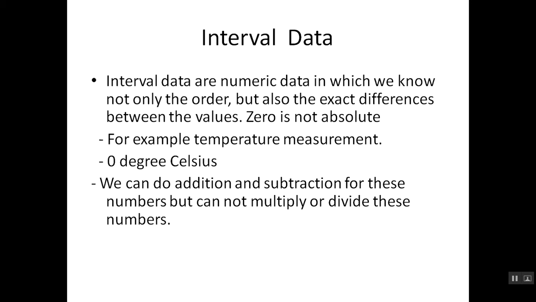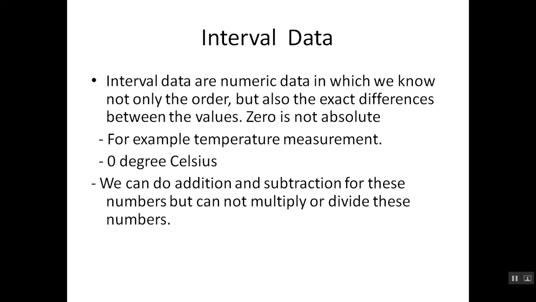So in this type of data, I have the difference between two numbers, I can add them, subtract them, but I cannot divide them. What is the meaning of that? Let us suppose there is a temperature of 5 degrees Celsius and a temperature of 10 degrees Celsius.